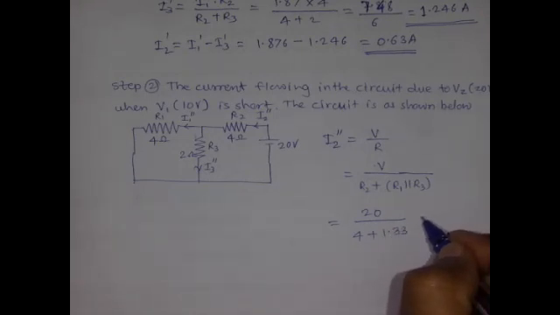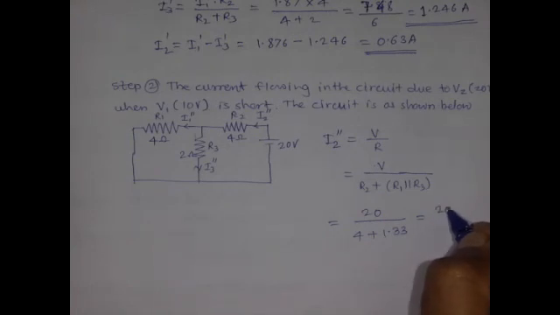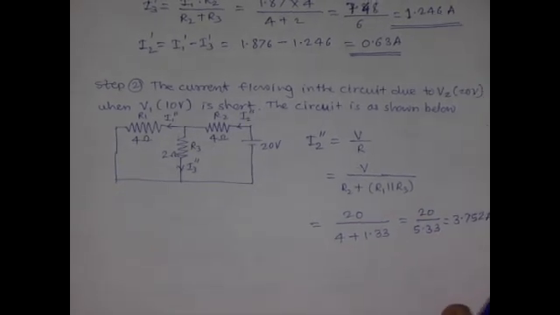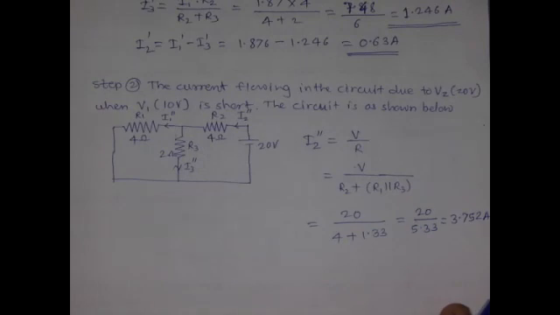It gives 20 divided by 5.33, which is equal to 3.752 ampere. The value is 3.72 ampere.